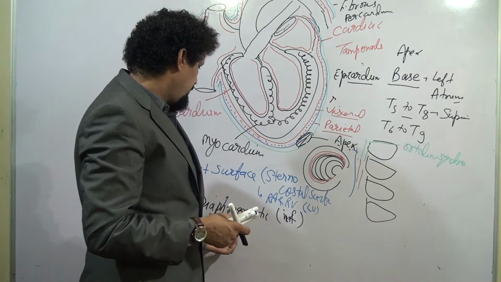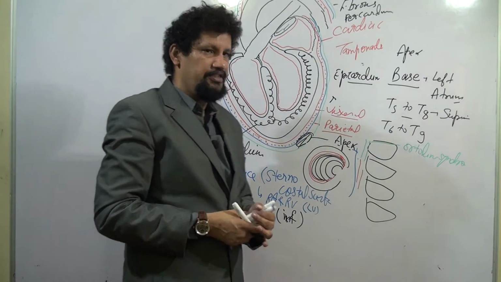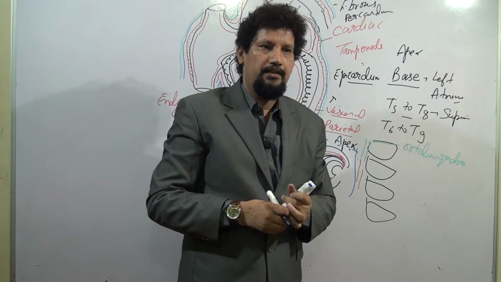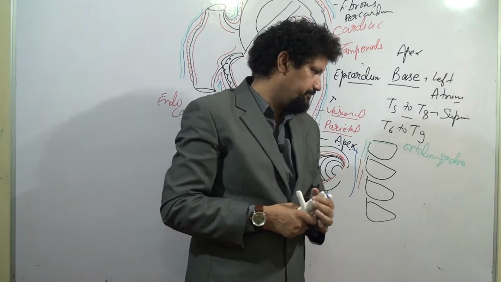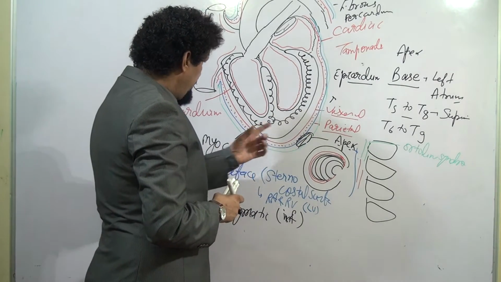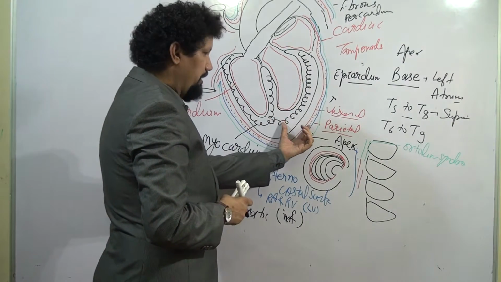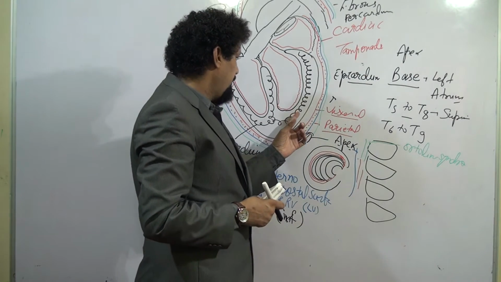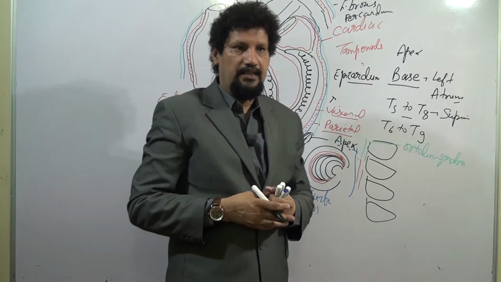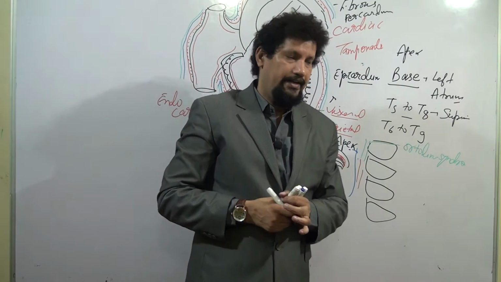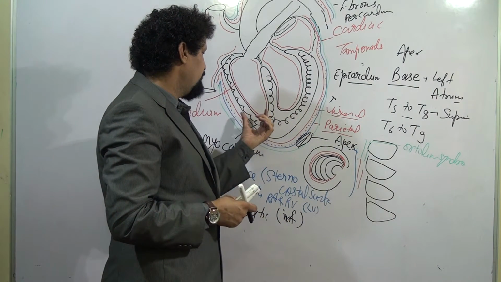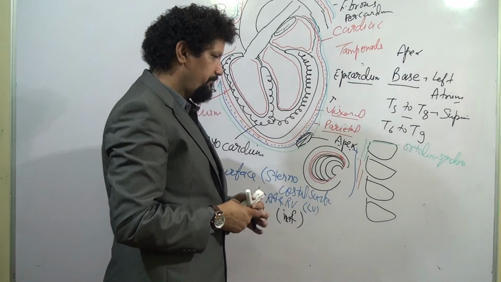So the inferior or diaphragmatic surface, which is lying on the central tendon of the diaphragm, has the posterior interventricular sulcus, and the left 2/3 is formed by the left ventricle, and the right 1/3 part of this inferior or diaphragmatic surface is formed by the right ventricle. So 2/3 is formed by the left ventricle and the remaining 1/3 is formed by the right ventricle.